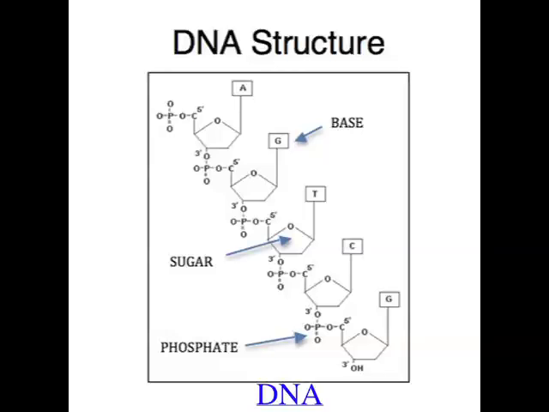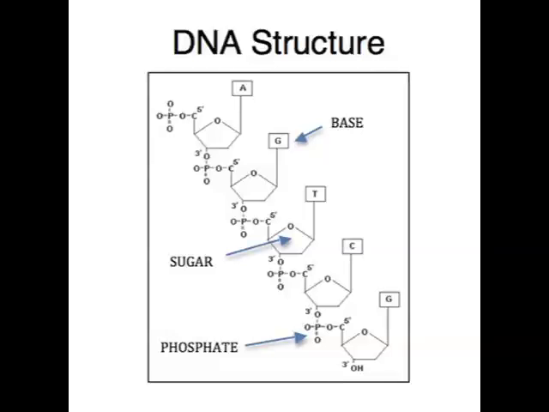A nucleotide with adenine on it, or a nucleotide with thymine on it, or a nucleotide with cytosine, or a nucleotide with guanine on it. And we distinguish those four different nucleotide bases by the letters A, C, G, and T. So adenine A, cytosine C, thymine T, guanine G.